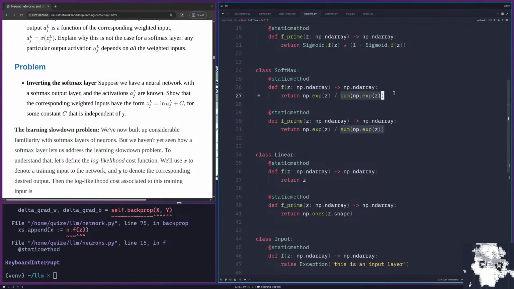And then the division is harder to reason about. I guess you could call the C a constant in that it's independent of J, because it's the same for all of the J's. It's not independent of A, so it's weird to call it a constant, but it is independent of J.